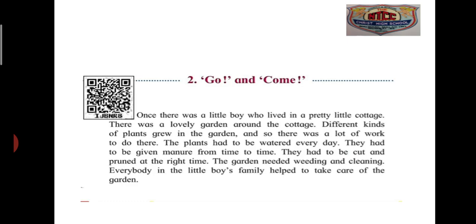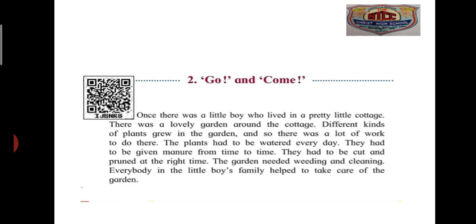Now, you see in the plants when there are some dead leaves, we have to cut them off and you have to keep a regular check on it. So, pruned means removed dead and unwanted parts of the plants so that it can help them to grow better.